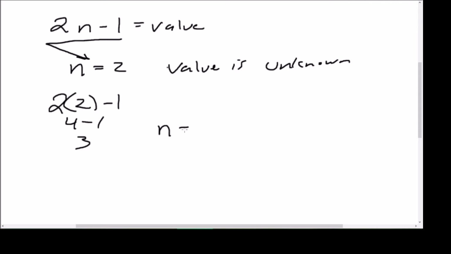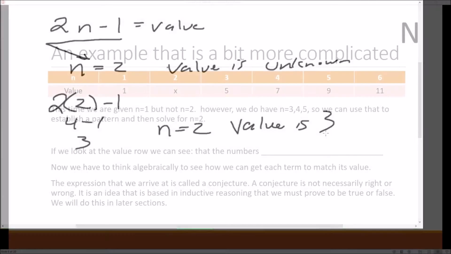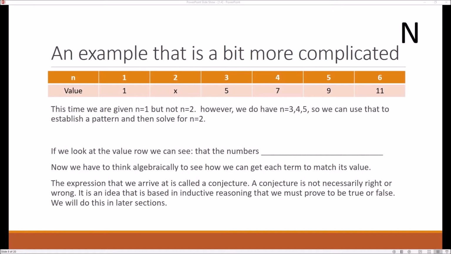So for n equals 2, the value is 3. And that works because on the other page we have 1, unknown, but we're saying it's 3 now. 5, 7, 9, 11, so plus 2. So now we're going 1 plus 2 is 3, plus 2 is 5, plus 2 is 7, plus 2 is 9. So that's what we're doing.